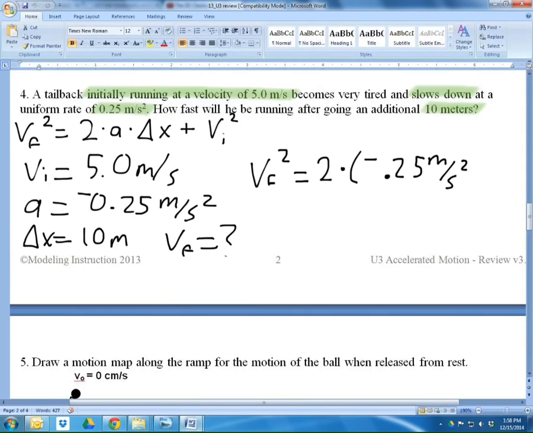Okay, and I'm writing this really big, so actually I'm going to erase all this real quick so I can write it smaller, so I can fit it all on the page.